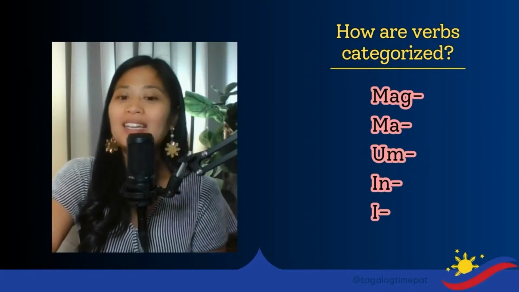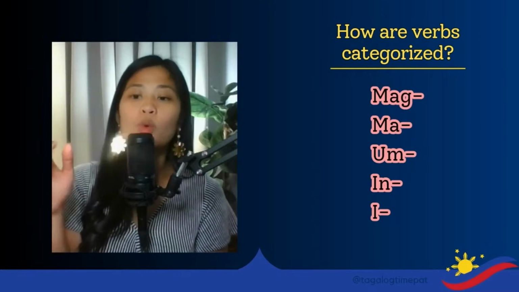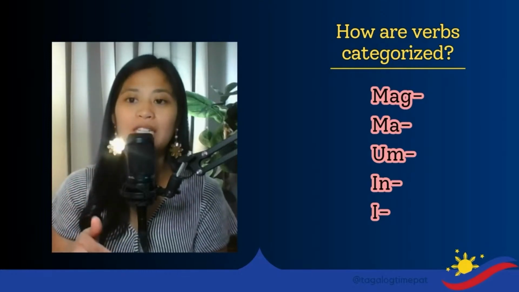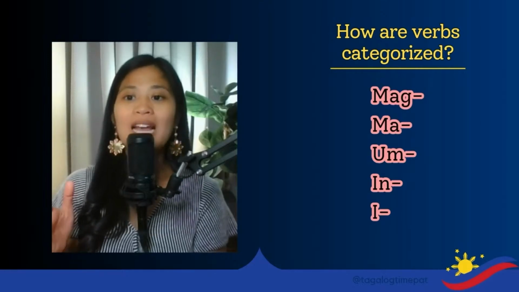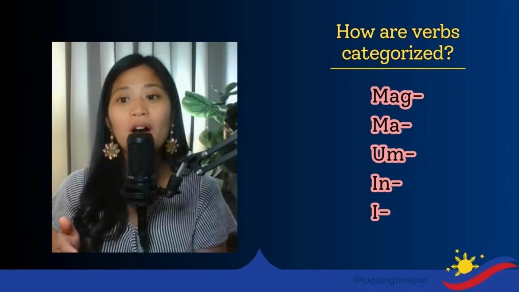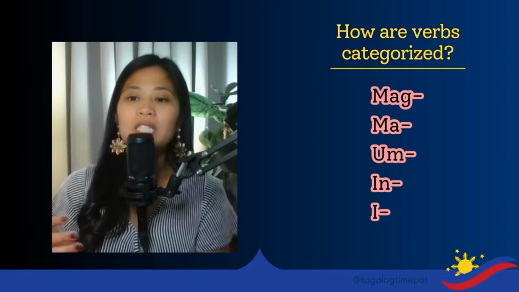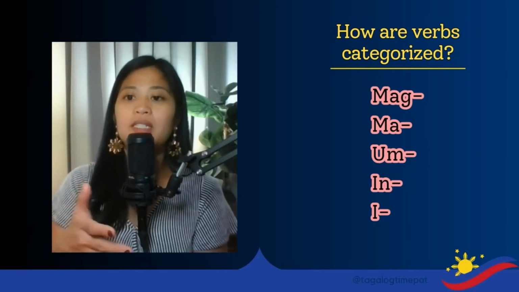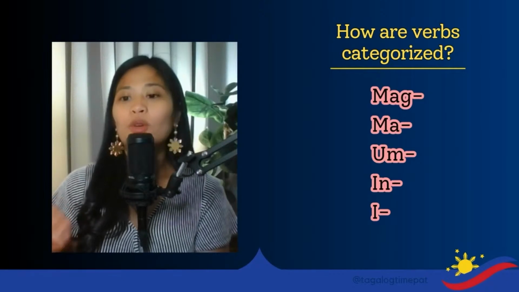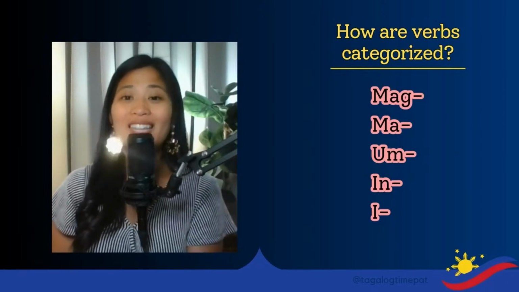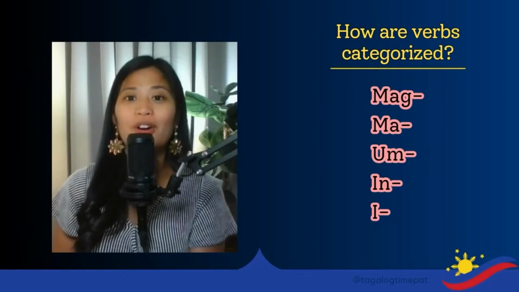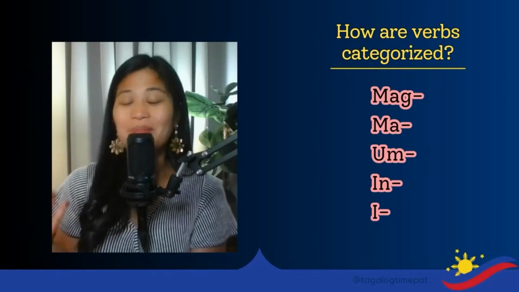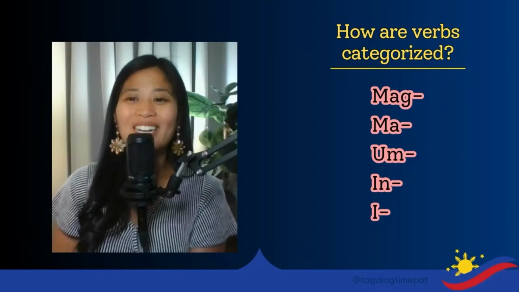And back in the day, all of these verbs were just organized into these categories, and it was passed down throughout the years. And as Tagalog has evolved over time, all of these verbs have just been accepted into these categories. Unfortunately, there is no rhyme or reason that I know of to explain why magluto is a mag verb, whereas matulog is a ma verb. I'm not quite sure why they were organized like that.